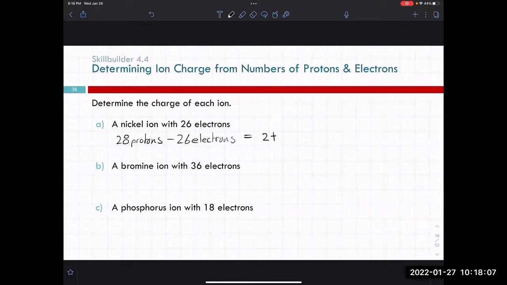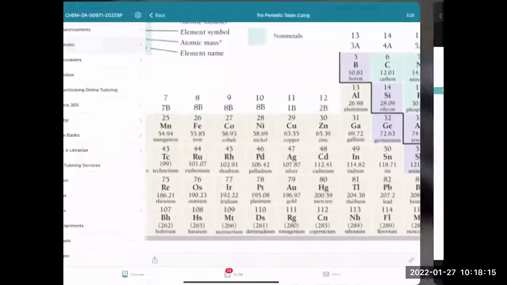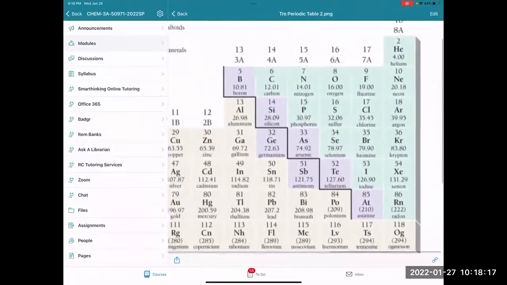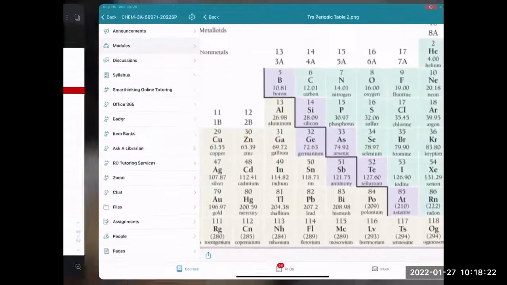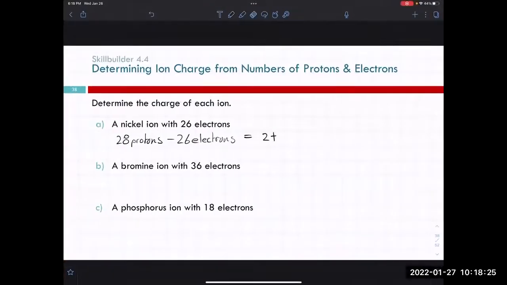So we have 2 more protons than we do electrons, 2+. And then bromine. Bromine is over here. So it's 35 protons. And it has 36 electrons. So 35 minus 36 electrons equals a 1- charge.